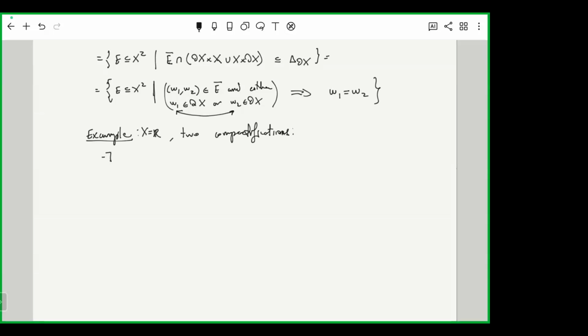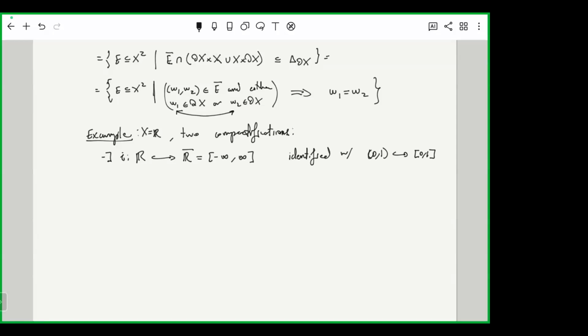One of them is the Freudenthal compactification. So the real line can be seen as a subset of the closed interval from minus infinity to plus infinity. It is the same as the following inclusion, right? So I can consider the open interval inside a closed interval like this. So this is called the Freudenthal compactification of the real line.